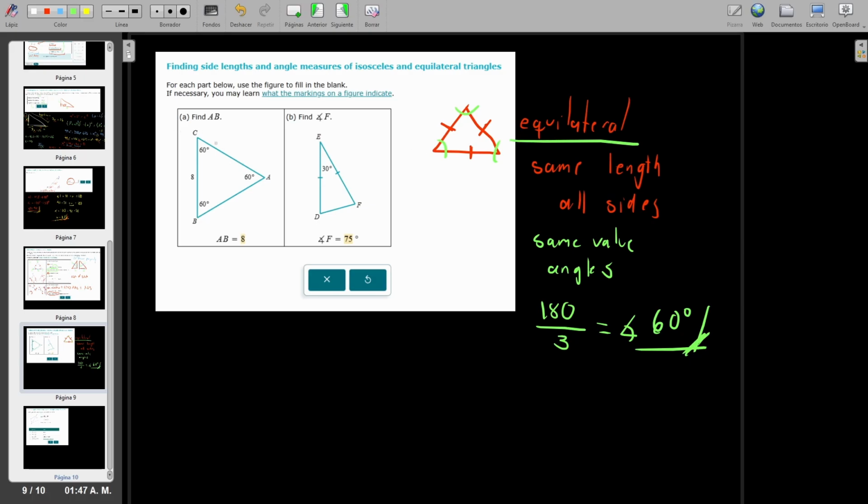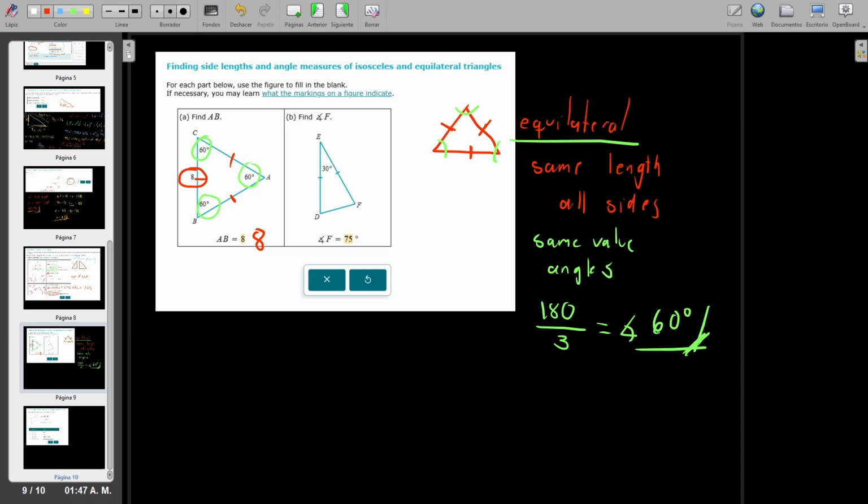Okay? You can see here 60, 60 and 60. They are saying that this side is 8, so this side and this side are the same length, so the segment A and B is going to be also 8.